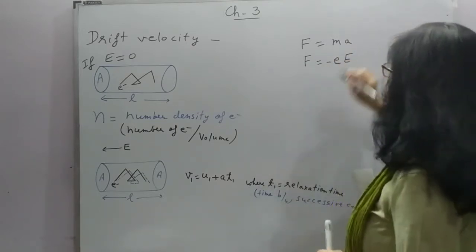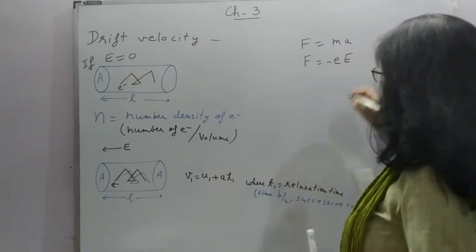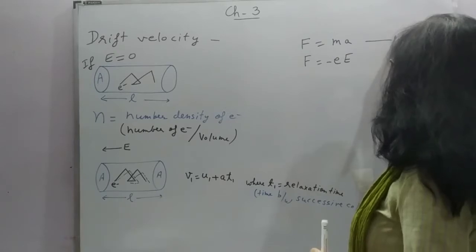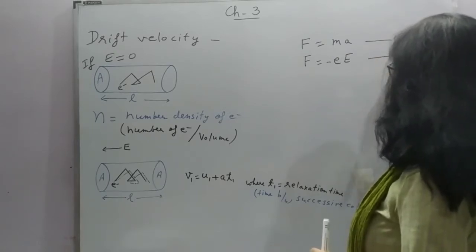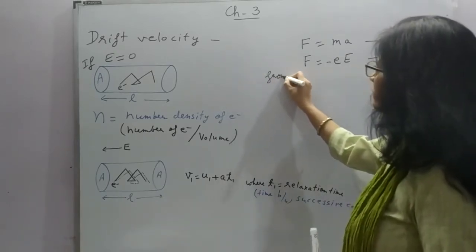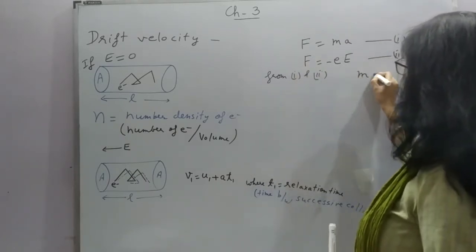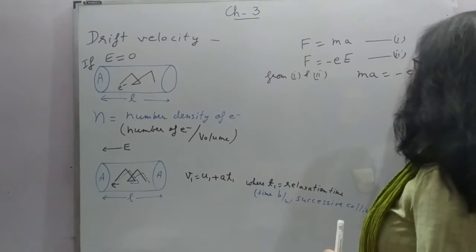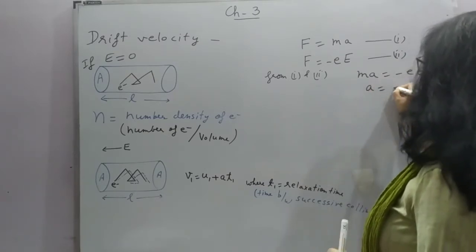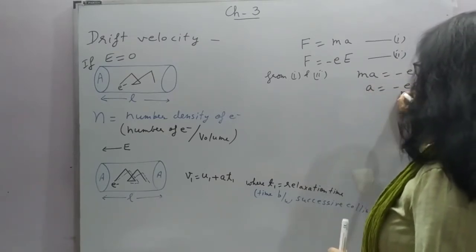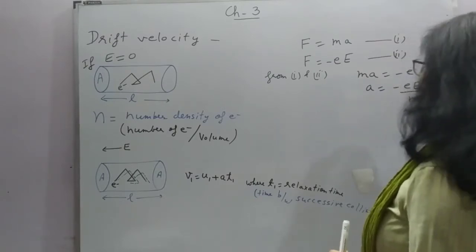If we equate these two, I can write this as first equation, this as second equation. So from 1 and 2, ma is equal to minus eE. So from here, the acceleration is minus eE upon m, right?